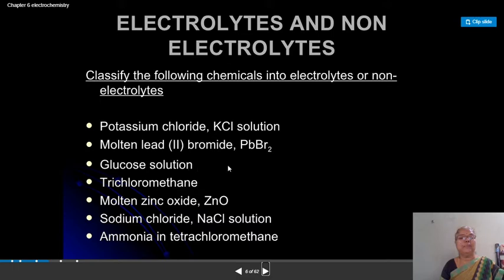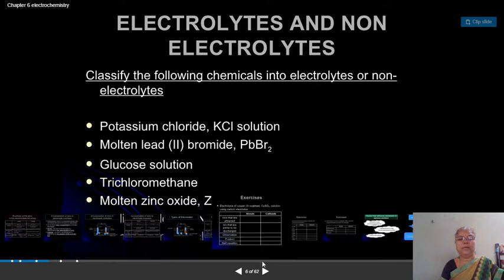Glucose solution, non-electrolyte. Trichloromethane, it is also a non-electrolyte. Molten zinc, it is an electrolyte. Sodium chloride, electrolyte. And ammonia in tetrachloromethane, it is a non-electrolyte.